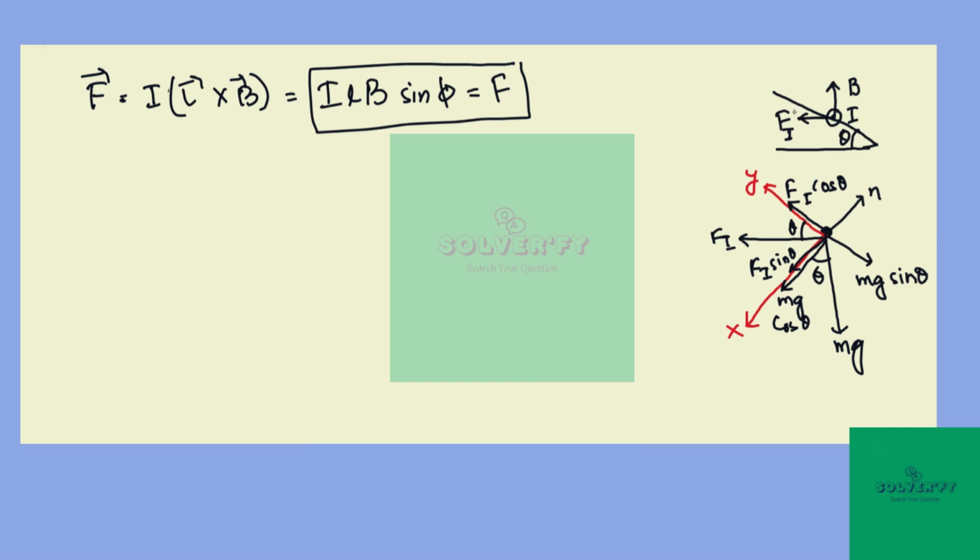Now, to produce a force in this direction, the current in the wire must be directed from right to left in the figure, or viewing the wire from its left hand end, the direction should be as shown over here.